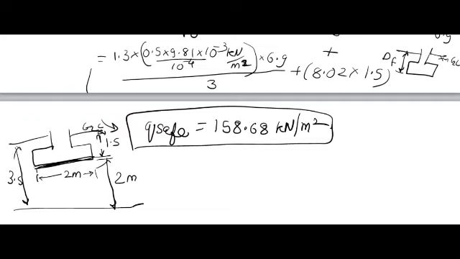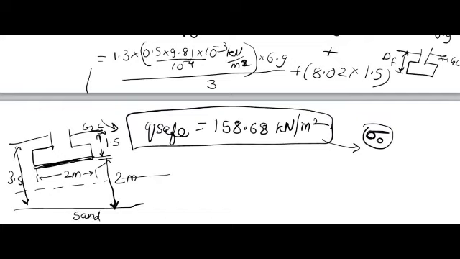Now using this we have to find sigma 0 bar, the initial effective overburden pressure. But where do we find sigma 0? At the middle of the soil which is below the footing, and below that is sand.